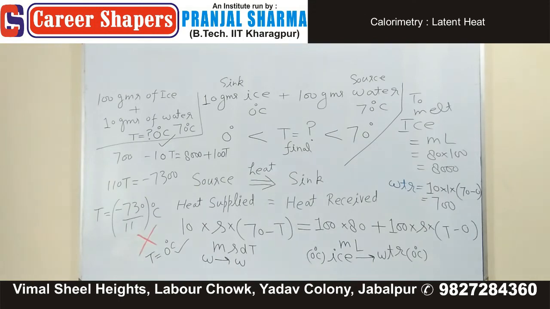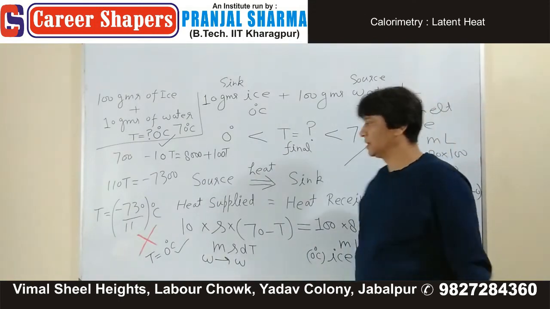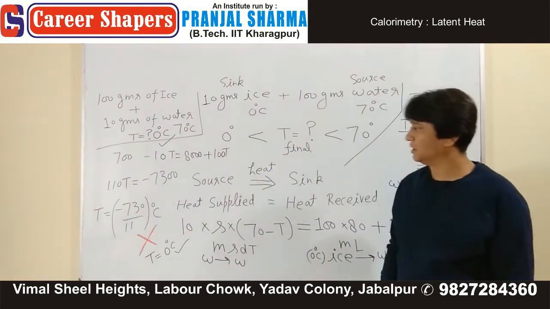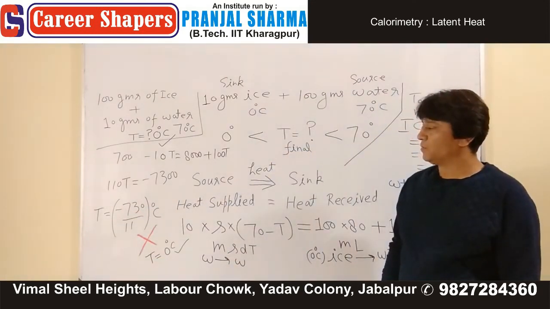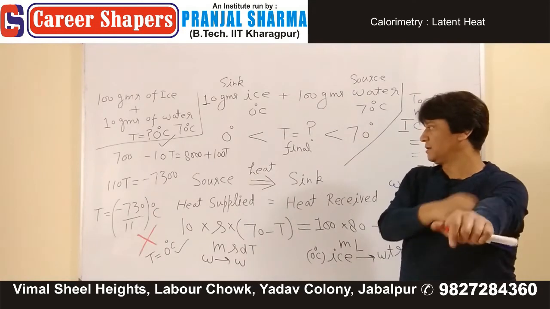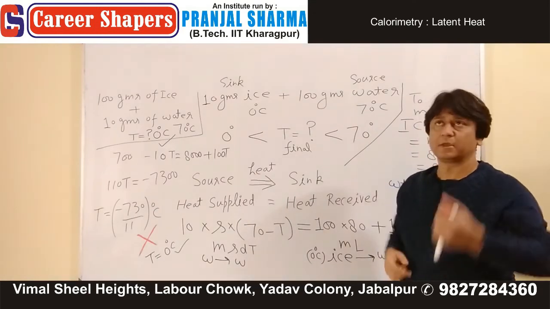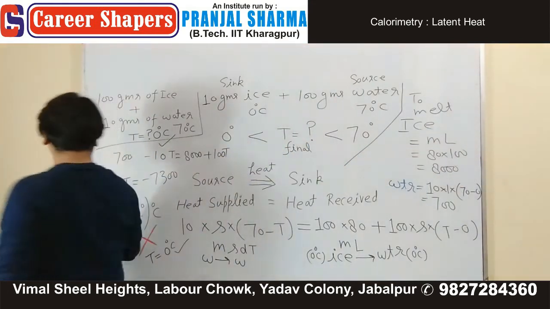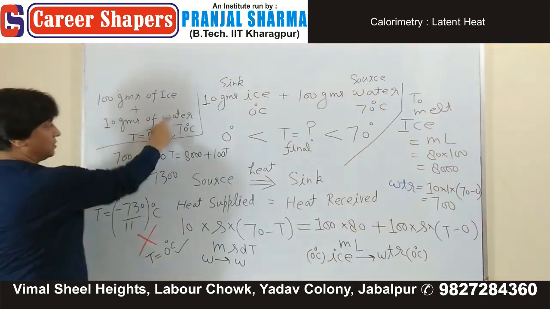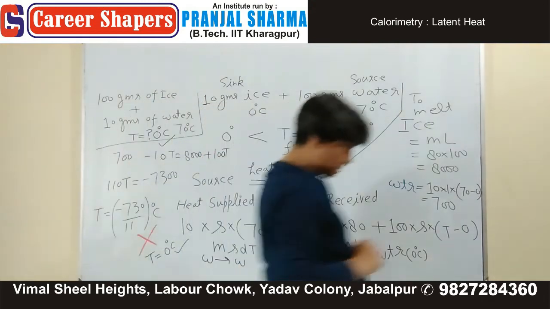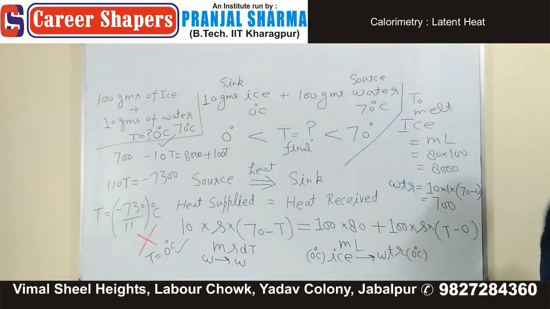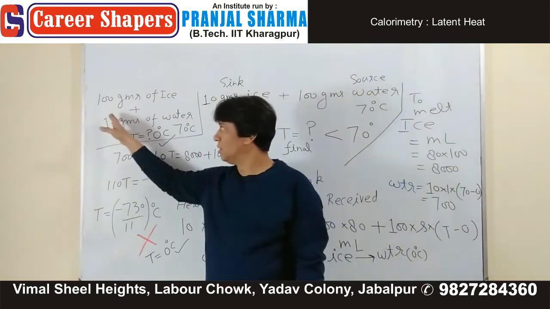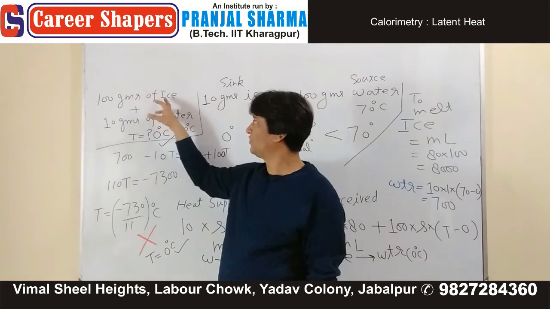Good. Now write down the statement. Write down the reason why this thing is wrong. There is not sufficient heat present. There is not sufficient energy present in water so that it can melt all 100 grams of ice completely.